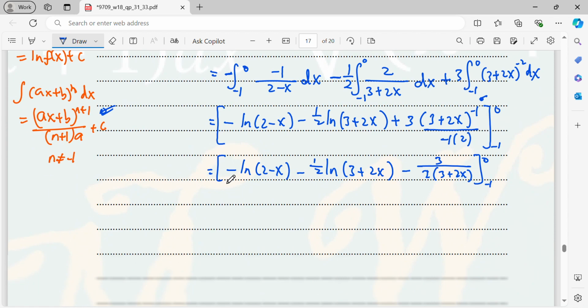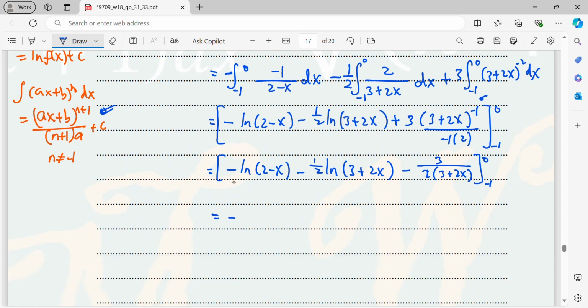So now replace the x by 0. So it will be negative ln 2 minus half ln 3, then minus 3 over 2 times (3 plus 2 times 0, which is 3). Then minus everything with x equals minus 1. So I get negative ln 2 minus minus 1 is 3 hmm, that is, negative ln (2 minus minus 1) is ln 3. Then minus half ln (3 minus 2) is ln 1. Then minus 3 over 2 times 1.